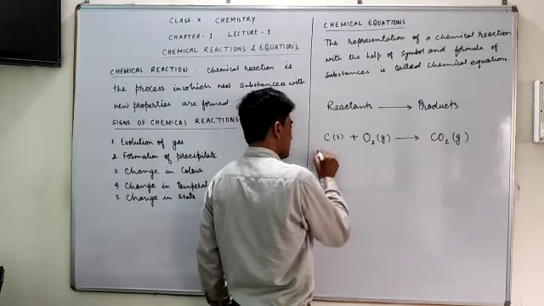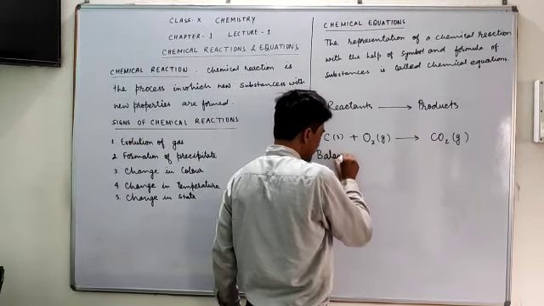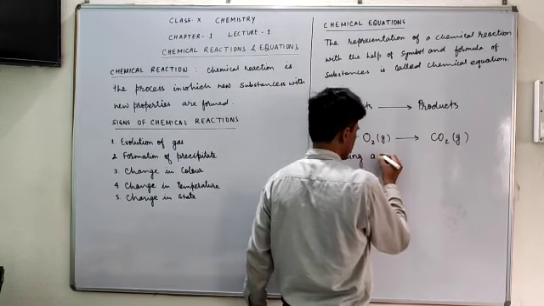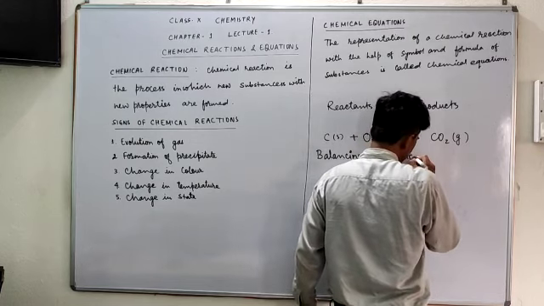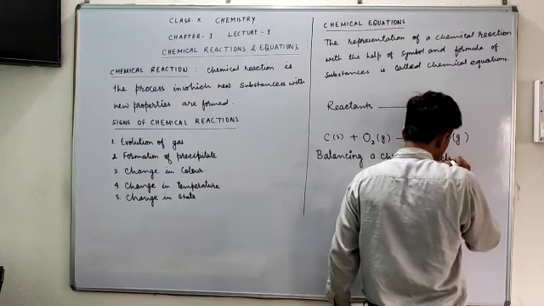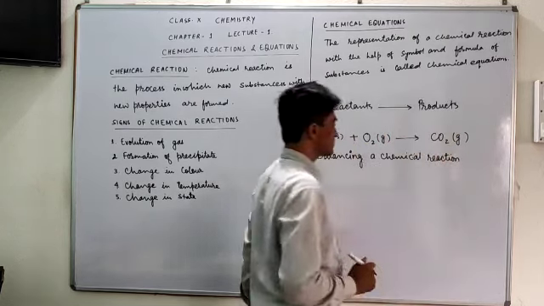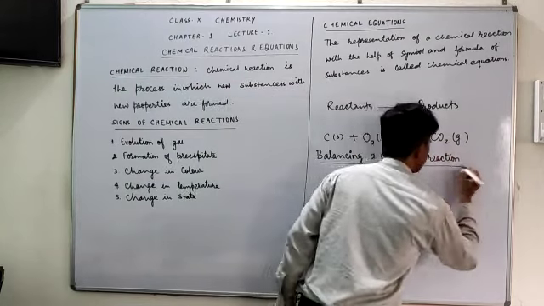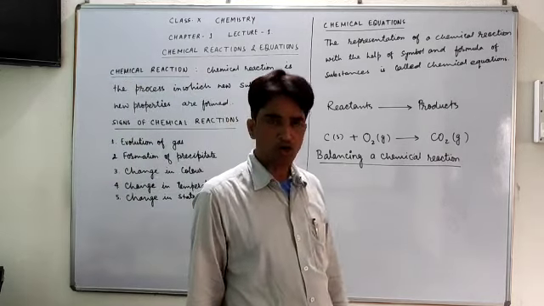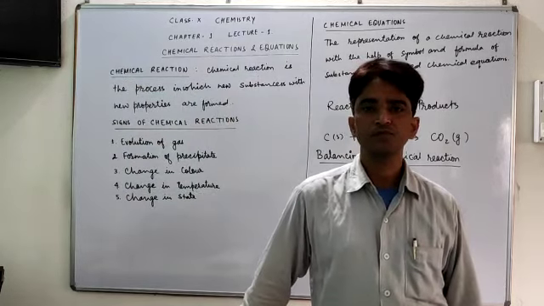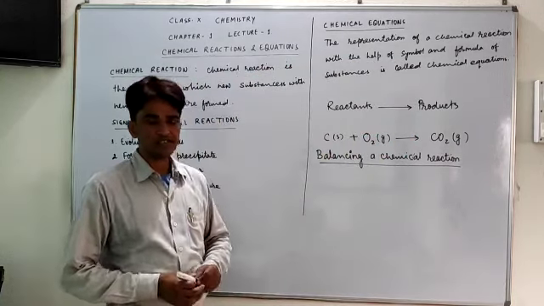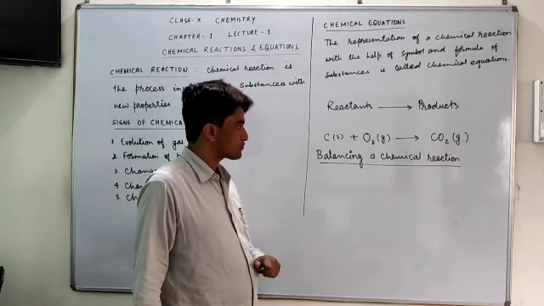Now, balancing a chemical reaction. Balancing of a chemical reaction is based on the law of conservation of mass, which is given by a famous scientist, Antoine Lavoisier, who is considered the father of chemistry.